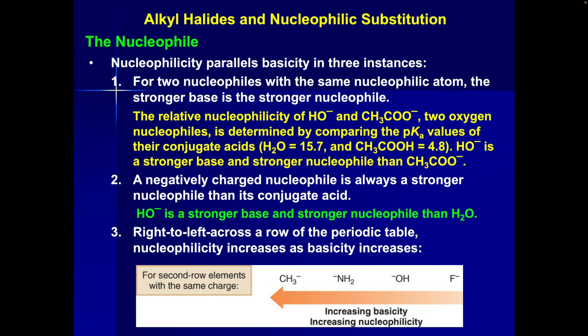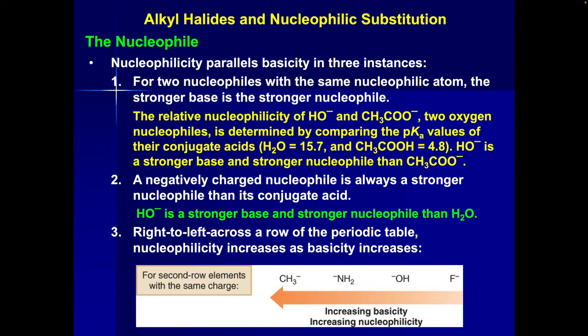So if I did an SN2 reaction where I had hydroxide and acetate, the hydroxide reaction would work much, much faster, okay? So here we have an example: if we have the same nucleophilic atom, but one is charged and one is neutral, the negatively charged nucleophile will always be the stronger nucleophile.